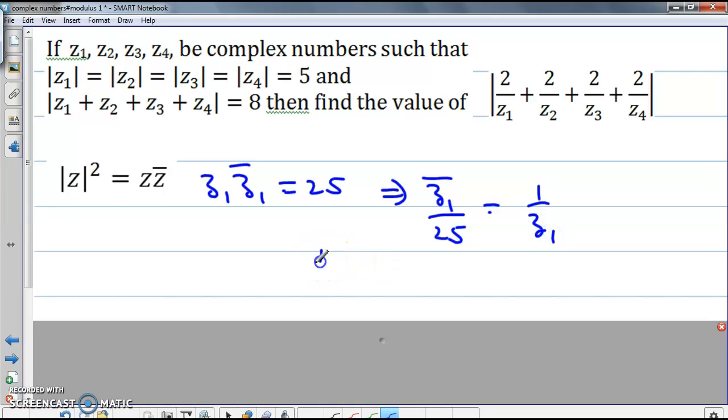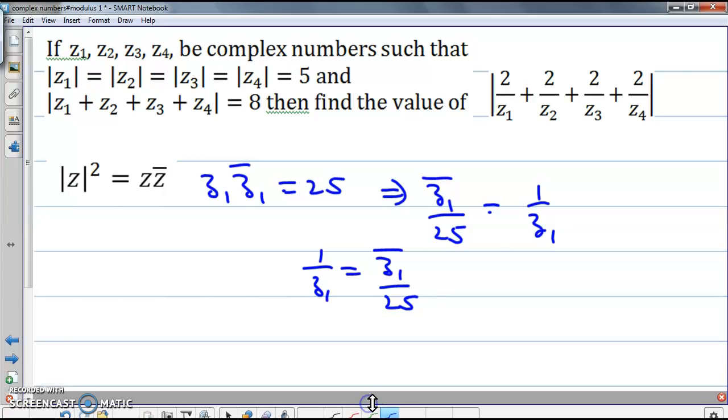That is, 1 upon z1 is equal to z1 conjugate upon 25. Similarly, for all the other complex numbers, 1 upon z2 is z2 conjugate upon 25, and for the other 2 complex numbers also.